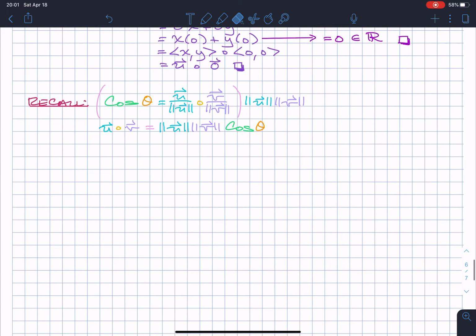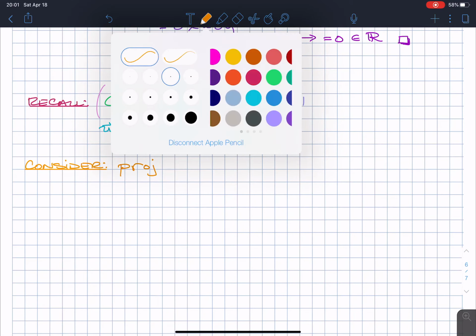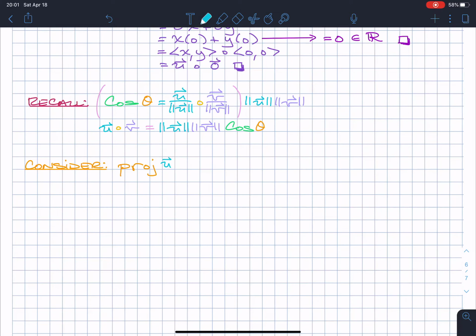So let's now consider the projection. Remember, the projection was the vector and the component was the scalar. So let's consider the projection of vector u onto vector v.